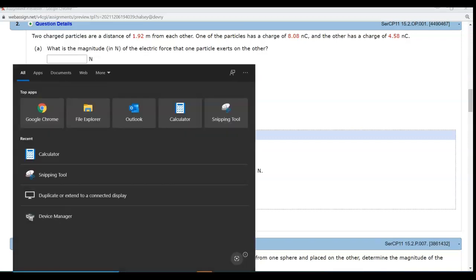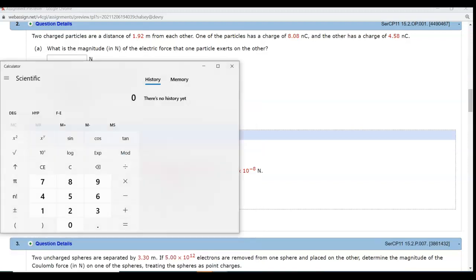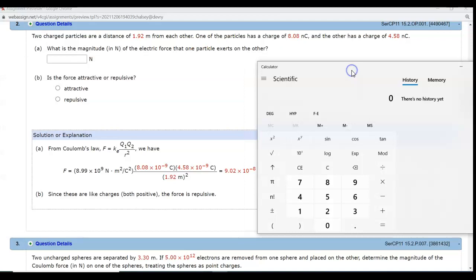If we need to look at that on the calculator, I do this part first, and then multiply it times the KE.